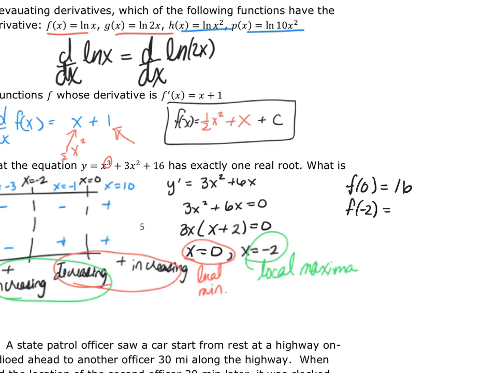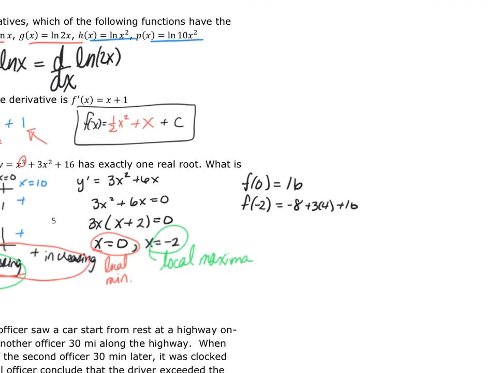When I put in -2, I'm going to get -8 plus 3 times positive 4 plus 16. So I have 12. So -8 plus 12 is -4, so this is 20. By the intermediate value theorem, it states that it's indeterminate. I cannot guarantee a 0 between those two, maxima and minima.